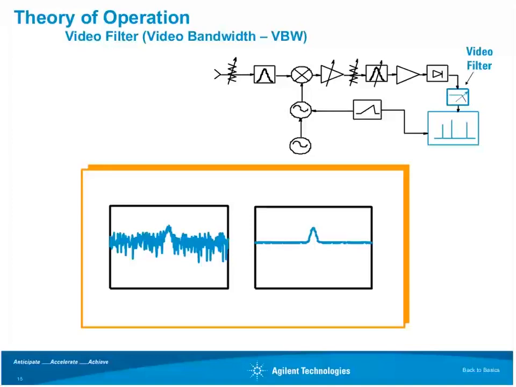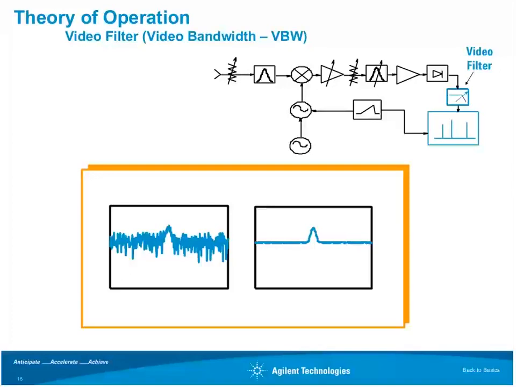Now, after detection, we have what we call the video filter, which is a low-pass filter. The idea of the video filter is to remove the higher frequency components of that signal to give us kind of a smooth effect. And this can be really useful, in particular when you're looking at very low-level signals.